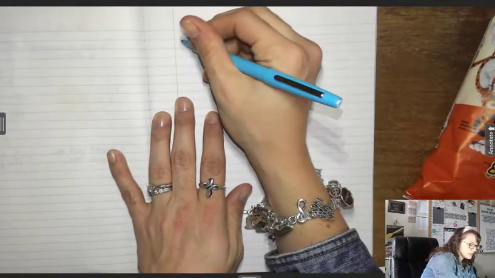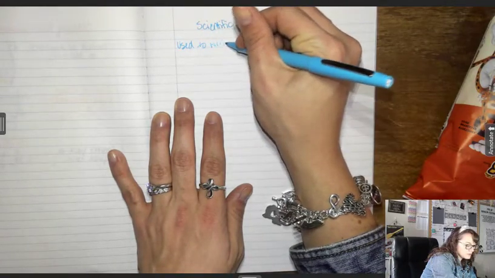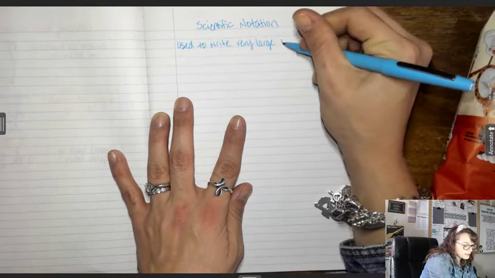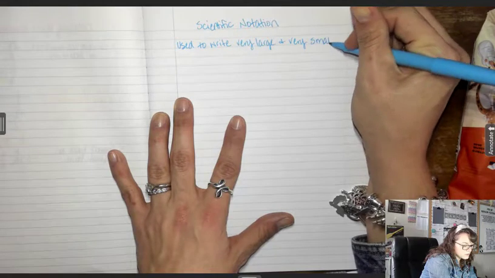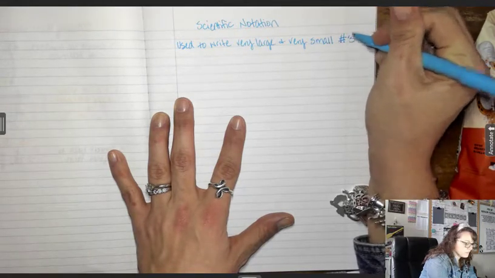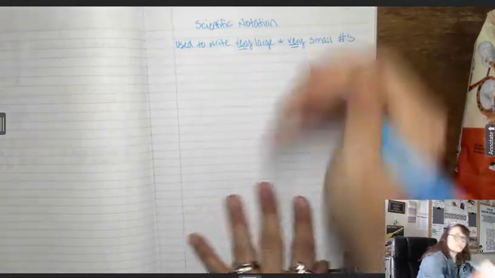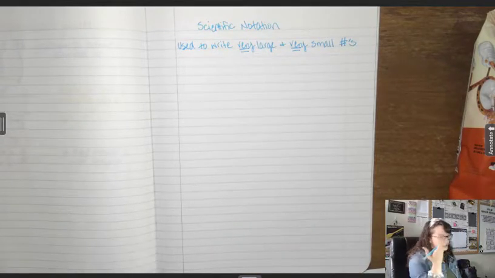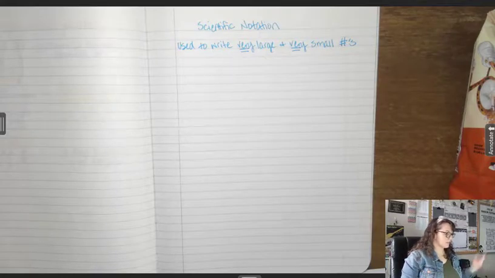So scientific notation is used to write very large and very small numbers. And I'm talking very large and very small. I'm not talking 10. Not that you couldn't do 10, but that's not really why it was made. We're talking like 16 billion something.